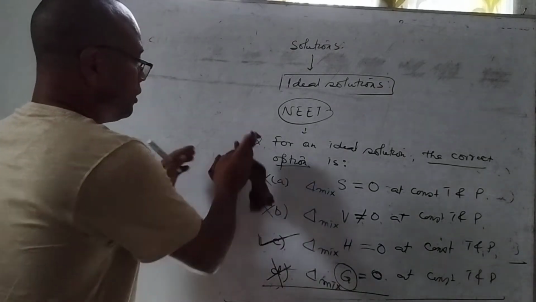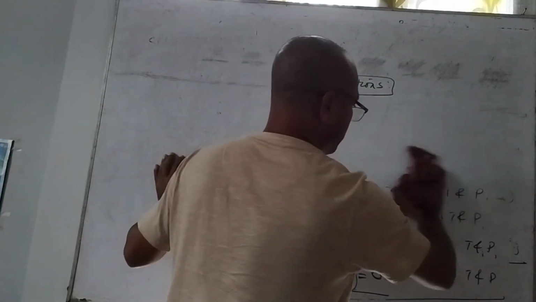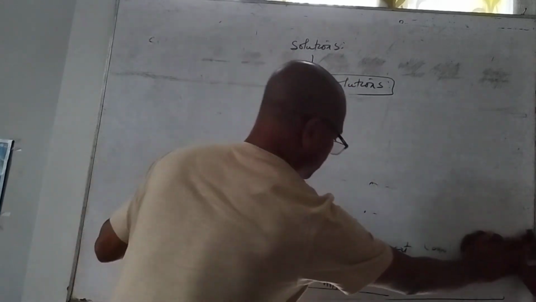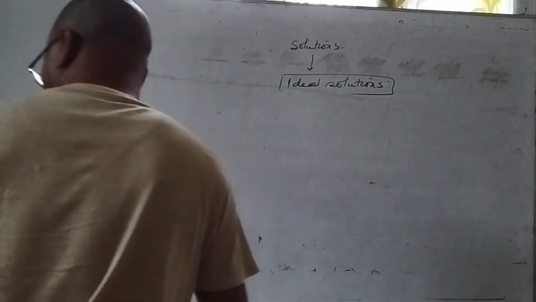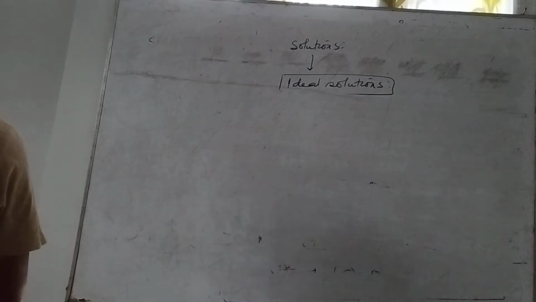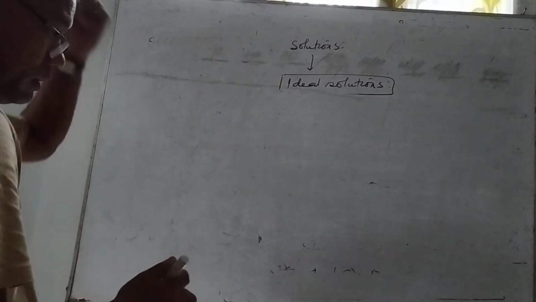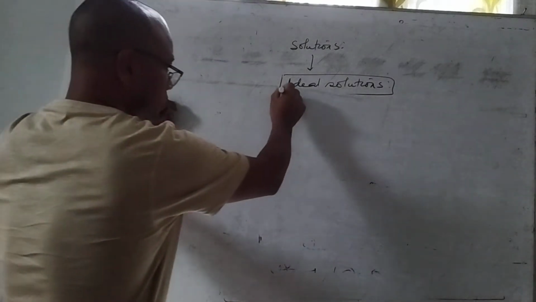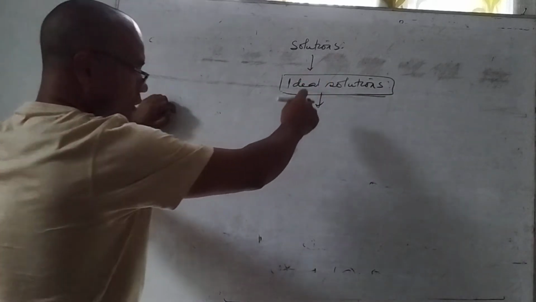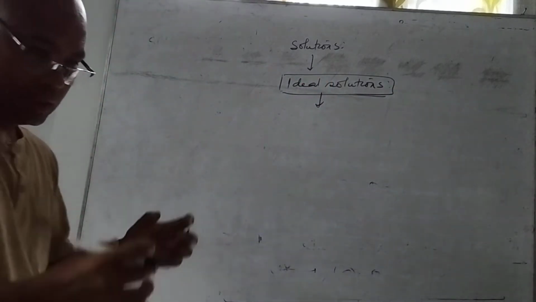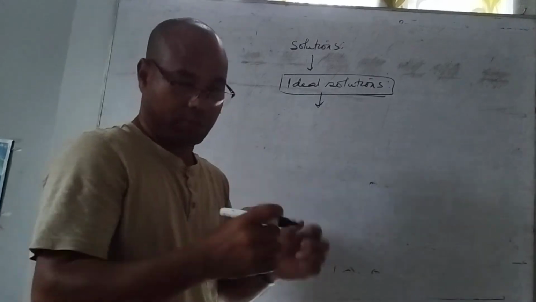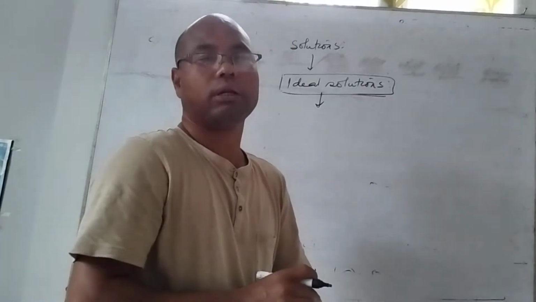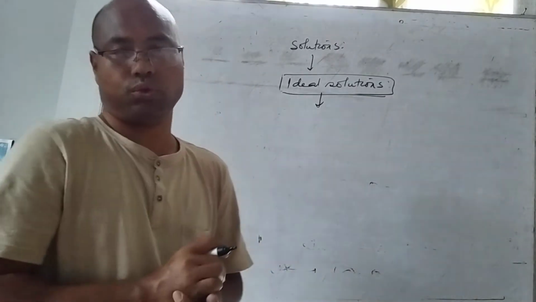Next, another option I'll just tell you. What is the other option here? Yes, before we take the option, now here, ideal solution. What types of liquids mixing are known as an ideal solution?